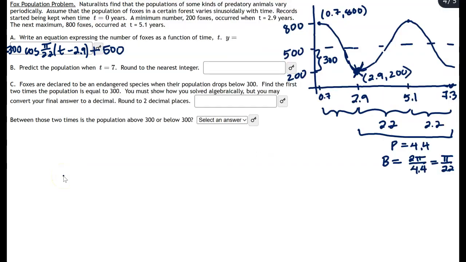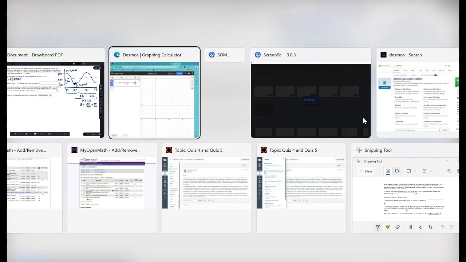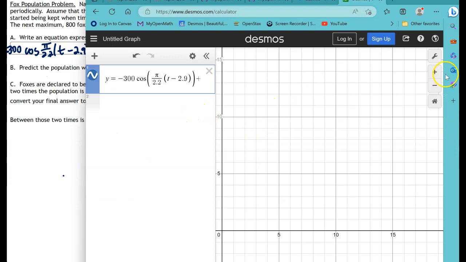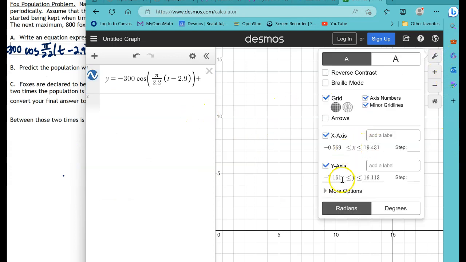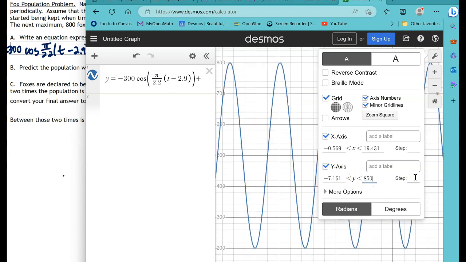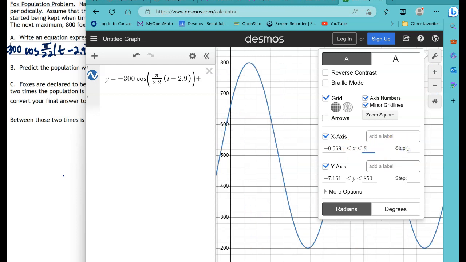If you remember back to your graph, I want to see up to 800, and at least to 7.3 years, so we could go more than that, but that should get me a decent window. So let's go up to 850 on the y-axis. Ah, looking better already. And then maybe about 8 years.